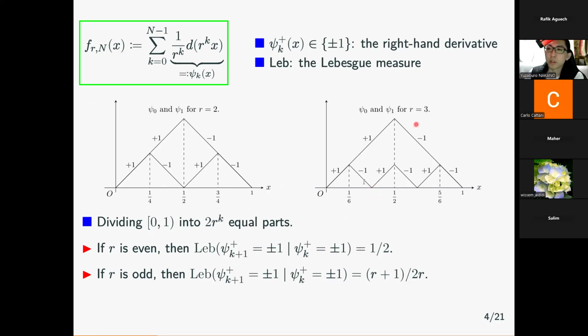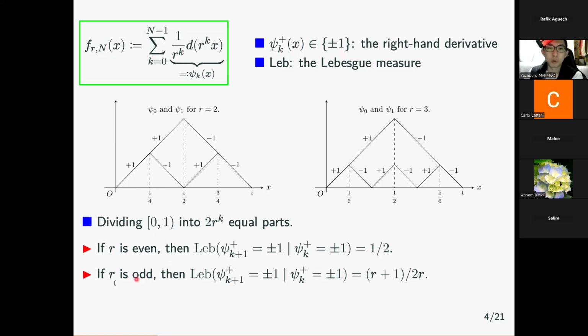On the other hand, looking at the r equals 3 case, provided that psi_0 plus is plus 1, then psi_1 plus takes value plus 1 with probability 2/3 and takes value -1 with probability 1/3.